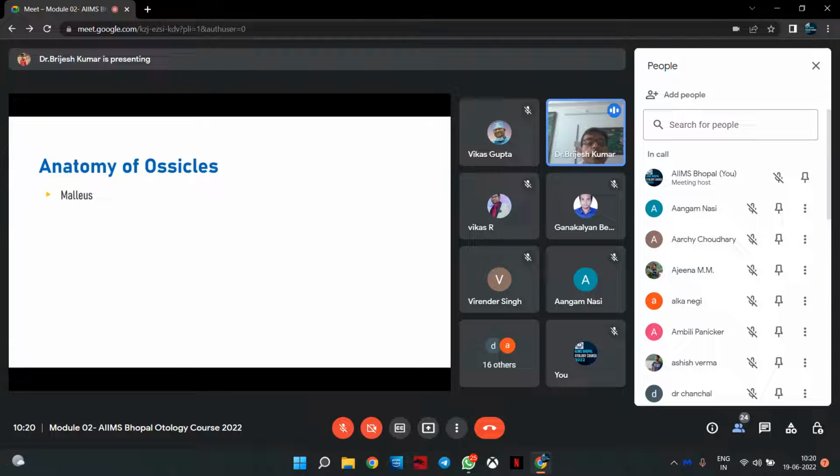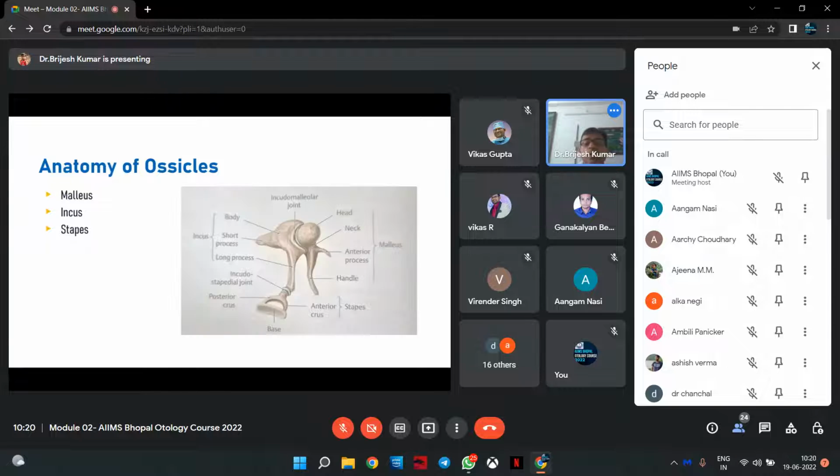Few details about the ear ossicles: the malleus, incus and the stapes. The malleus has a head, neck. It has an anterior process, as described earlier, attached to the anterior ligament of the malleus, which passes through the medial end of the petrotympanic fissure and gets attached to the spine of the sphenoid.